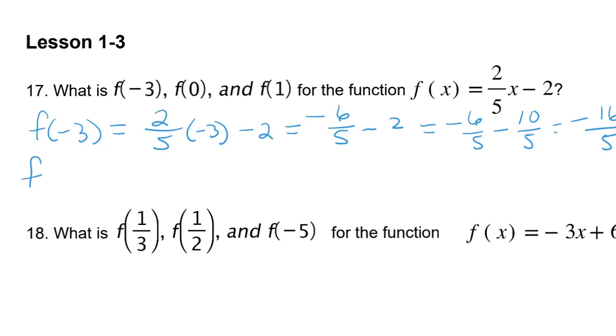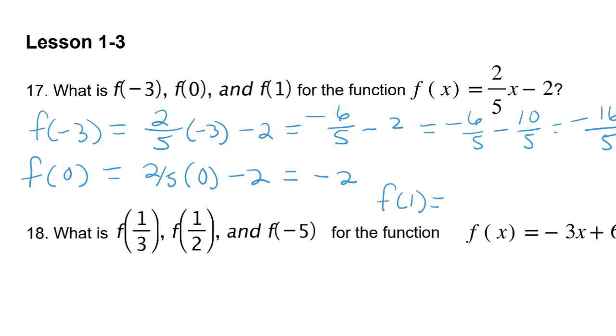The next one is f of 0. So you're going to input into the function. So you have 2/5 times 0 minus 2. By the way, you could use a calculator. 2/5 times 0 is 0, so that's just -2. And then the last one, you have f of 1 equals 2/5 times 1 minus 2.